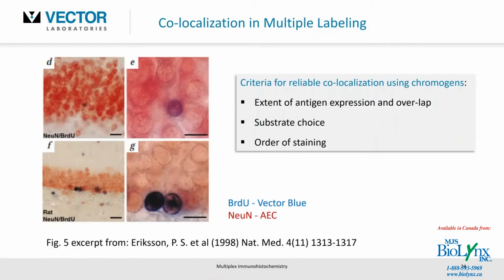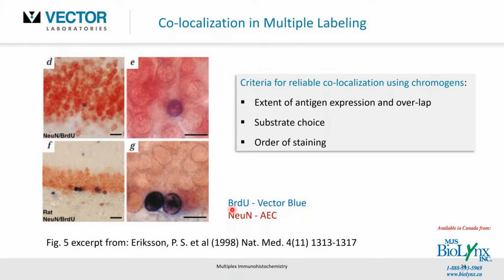All right, let's close out here quickly with a bit of a chat about co-localization. I do field inquiries about the use of chromogens, chromogenic immunohistochemistry of course, and the overlap of two antigens. I've got here a nice figure that I took from this given paper in Nature Medicine. They used two antigens.